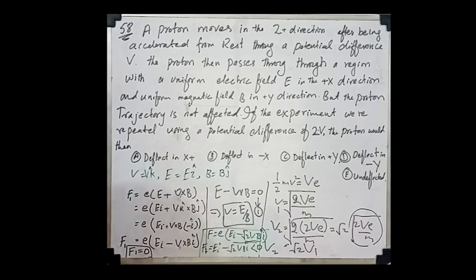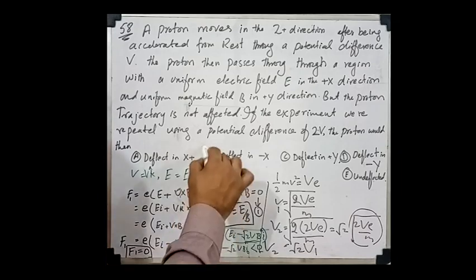This is the i, x direction. If the force is greater than 0, the particle will move in the positive x direction, and if the force is less than 0, the particle will move in the negative x direction. So in the negative x direction the proton will move.